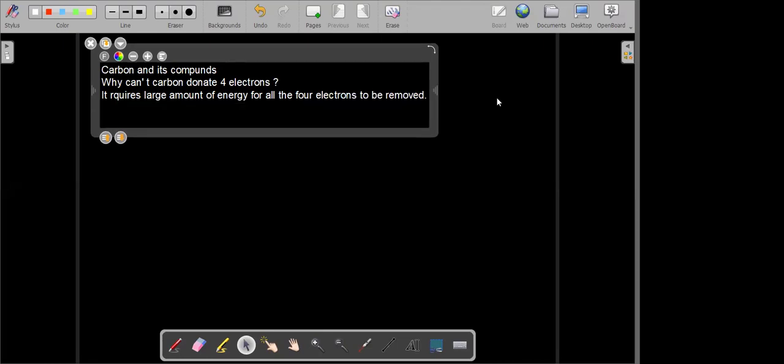Then we had discussed one more thing. Why carbon can't gain 4 electrons? Shubhansh, why carbon cannot gain 4 electrons?